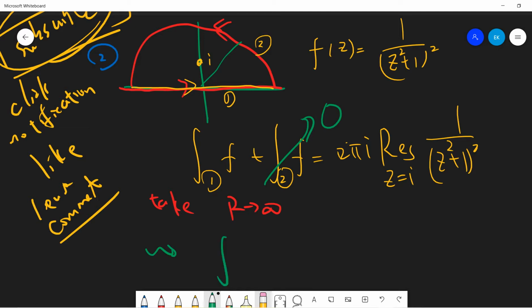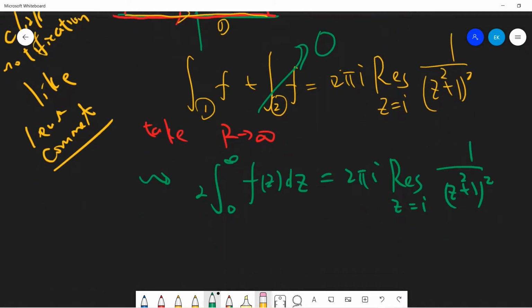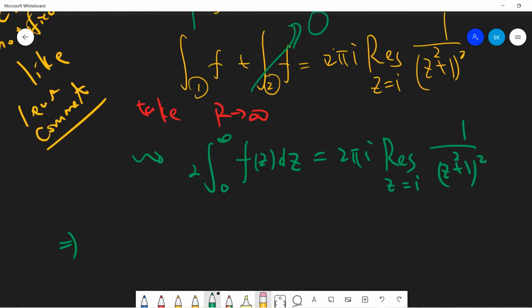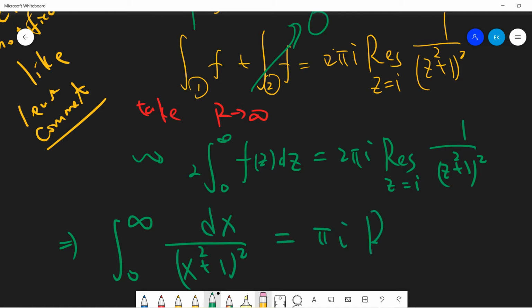So you only have the part you want, but times 2, because this is an even function. So it becomes 2 pi i times the residue at z equals i of 1 over (z squared plus 1) squared. Let's write down: everything we have equals pi i times the residue at z equals i of 1 over (z squared plus 1) squared.